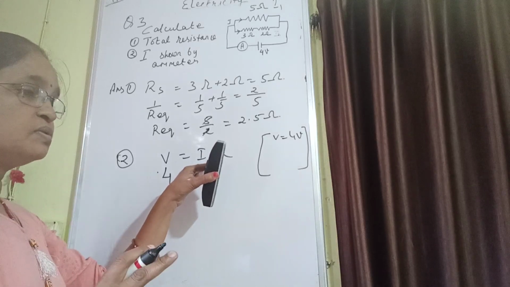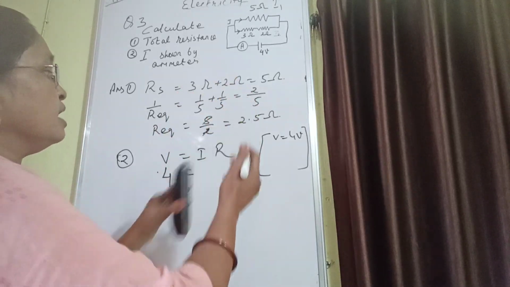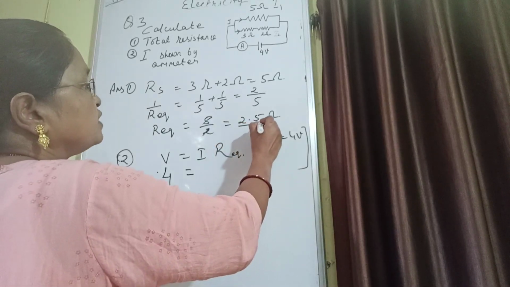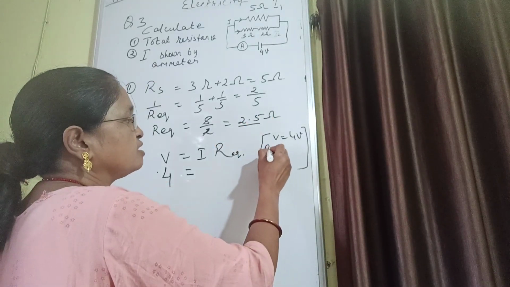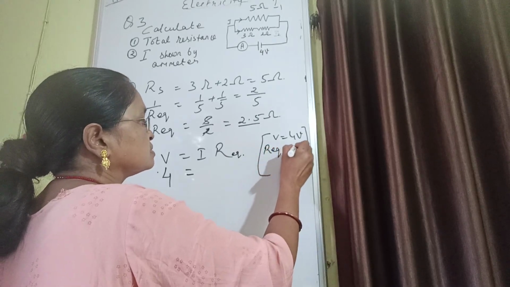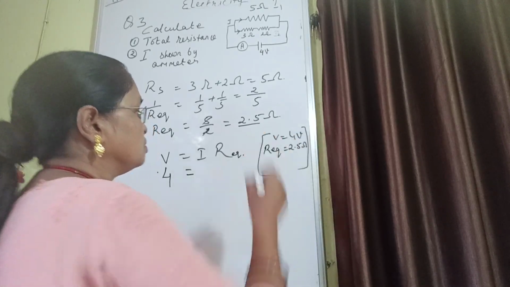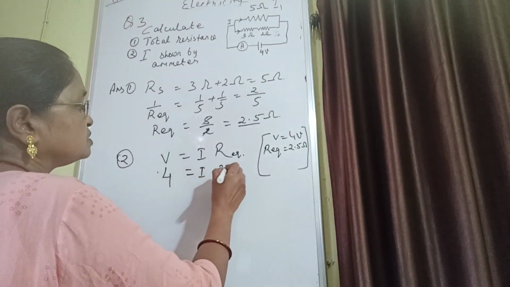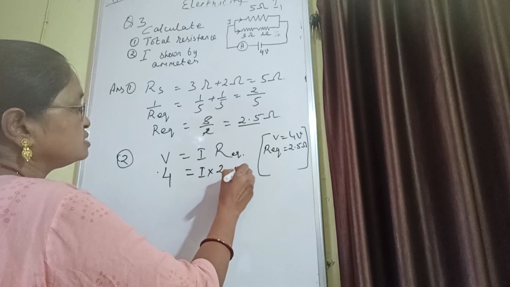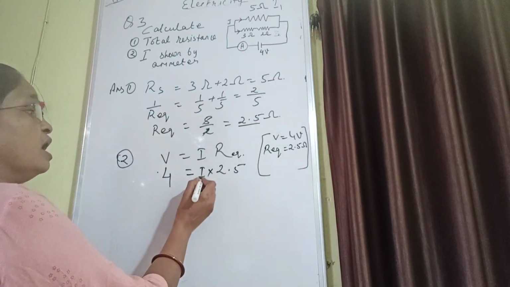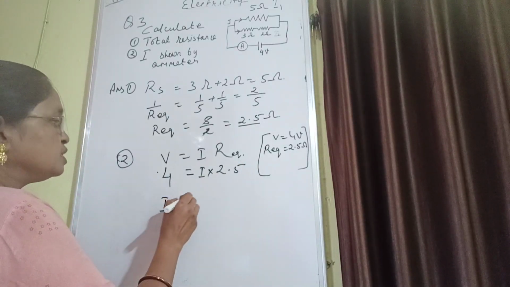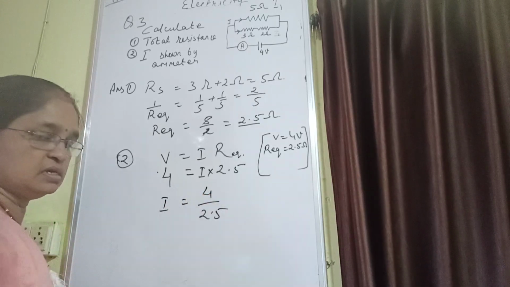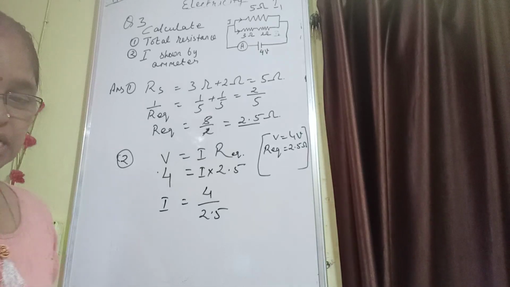I we have to calculate, that is the circuit current, and R equivalent we have got 2.5 ohm. So 4 is equal to I into 2.5. So what I will we get? I is equal to 4 by 2.5. So what answer will you get?